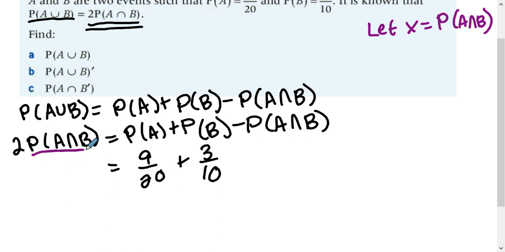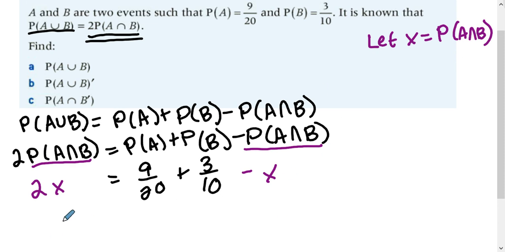Instead of this statement, we're going to call that X. Instead of this statement, we're going to call that X. So therefore, 2X equals that minus X. And now I have a regular plain equation that I know how to solve. Get your x's on one side, your non-x's on the other side. You're absolutely going to need to get common denominators, but we're trying to solve for X, which is the intersection.